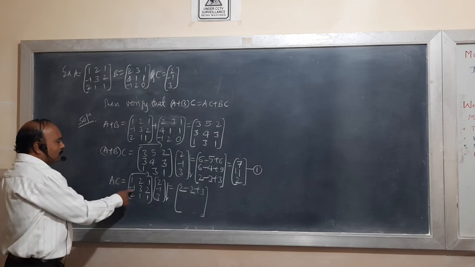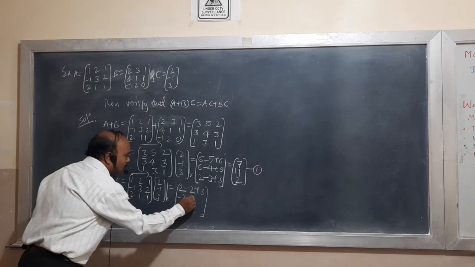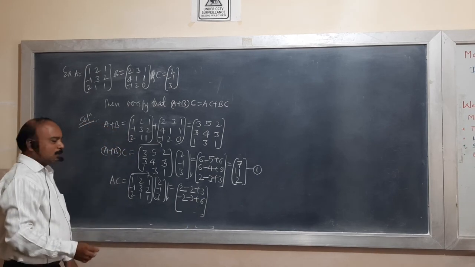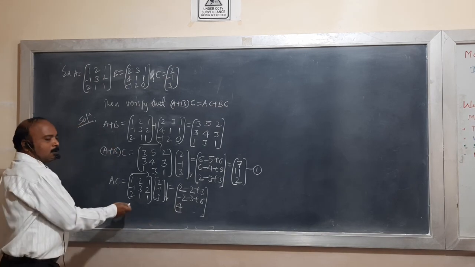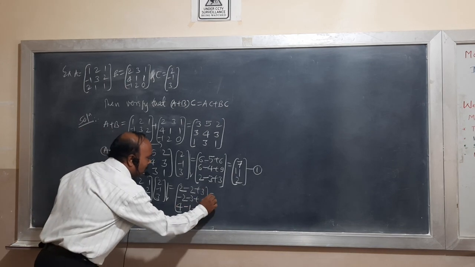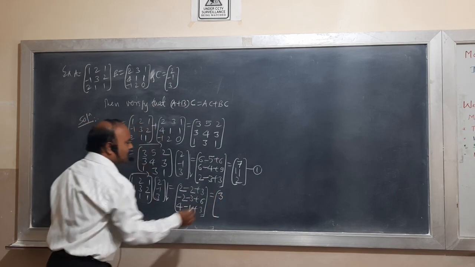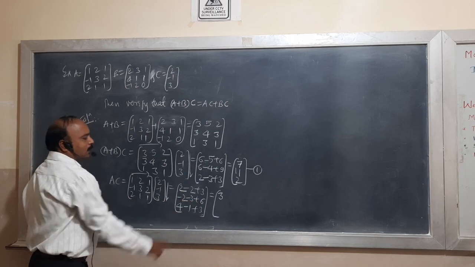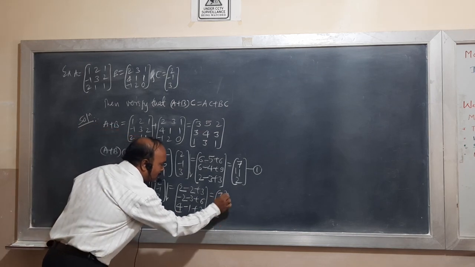Second row in this column, minus 1 into 2 is minus 2, 3 into minus 1 is minus 3, plus 2 into 3 is 6. Next, third row, 2 into 2 is 4, plus 1 into minus 1 is minus 1, plus 1 into 3 is 3. So the answer is 2 minus 2 cancel, it is 3, and minus 2 minus 3 minus 5 plus 6 is 1, 4 minus 1 is 3, 3 plus 3 is 6.